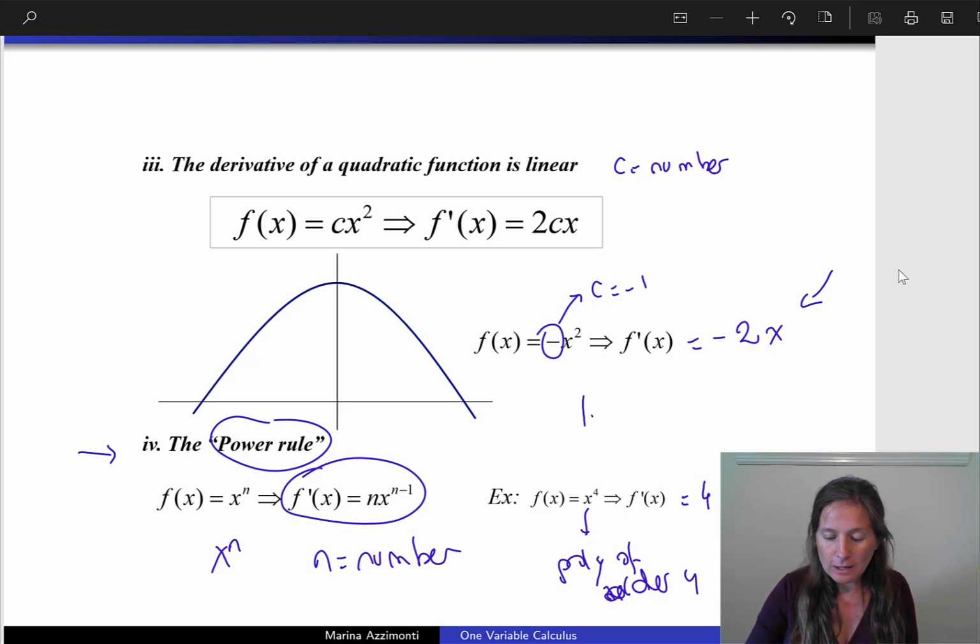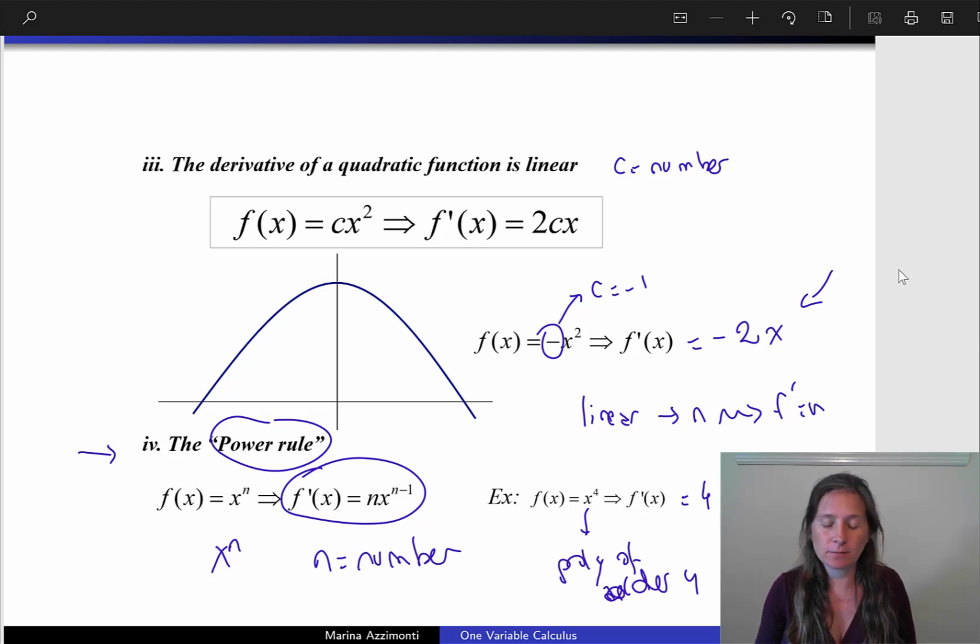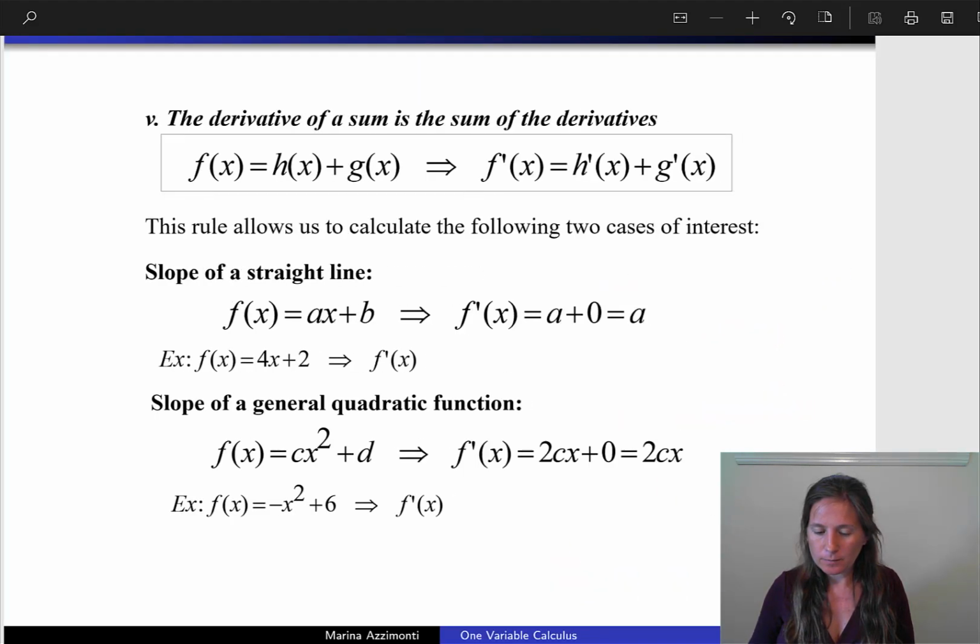Notice that a linear function is a function that has n equal to 1, and that's why f prime is 1 times x to the n minus 1. Any number to the 0 is 1. So this is just the number n. Okay, let's keep going.